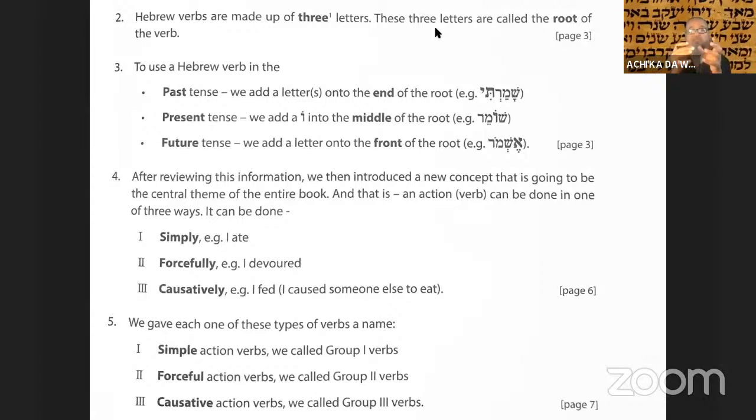If it's in the present, they're going to put a letter right in the middle of the word, because it's in the middle of doing something, meaning present tense. And if it's in the future, they're going to add a letter to the front of that verb. So in those examples we see a letter added in the front, the back, and the middle, and that determines what's past, present, and future. A really easy, quick way to do it.